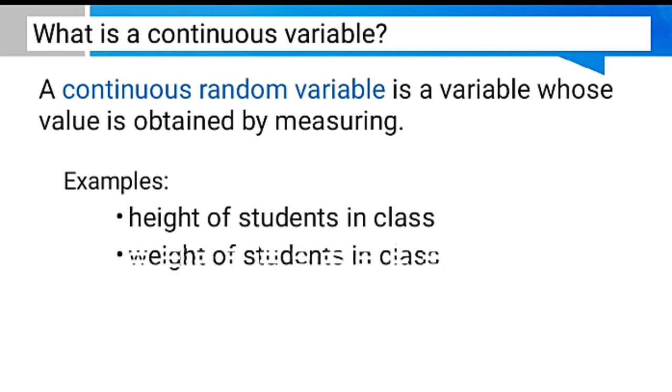Another one is the weight of students in class. As you have observed, your weight could either be a whole number or a decimal. Okay, so meaning there is a range wherein your weight could appear or could be.